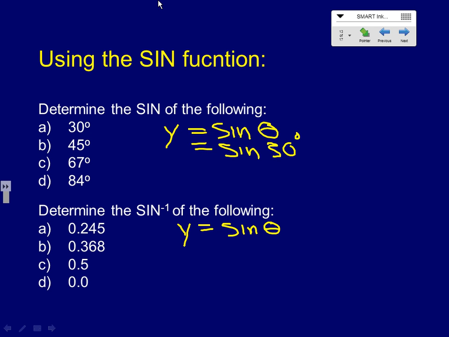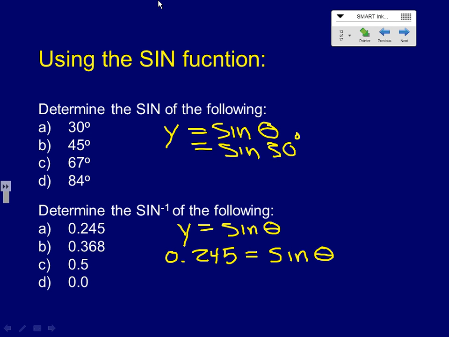And we're given the y, so this is 0.245 equals sine theta, all right? So when this appears in an equation, you'll have a number, it's going to be a decimal number, and it's going to be equal to something in the equation which is sine theta. And what we want to get is theta. That's what we want to find. We want to find the angle.